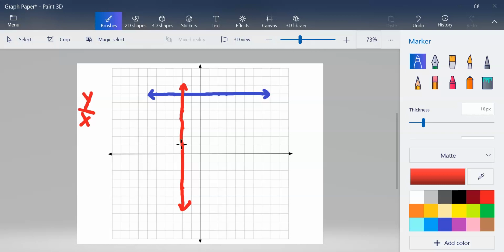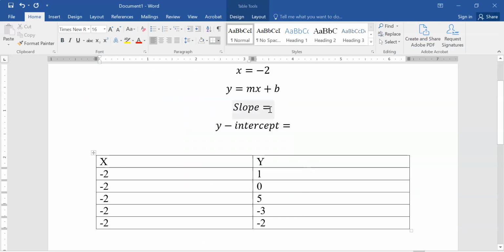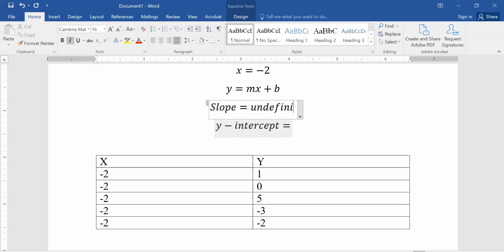As far as the vertical line goes, the y value is changing, but the x value never changes. So if the y value changes by 1 and the x value changes by 0, that's a fraction of 1 divided by 0, which is an undefined number. Remember, we can't divide by 0. So technically, in this vertical line, the slope is either undefined, or some people will say infinite.